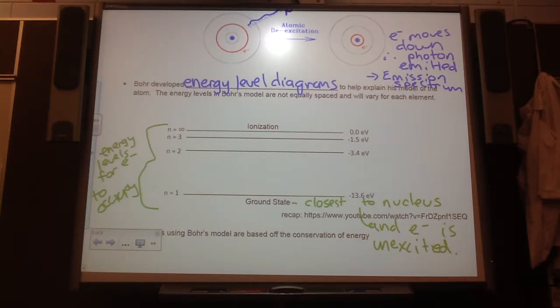It's that electrons behave with a wave particle theory, so if the electrons move, they will either release or absorb energy. The energy is in the form of a photon, okay? So a photon is like the light.